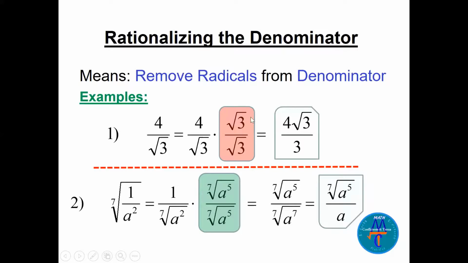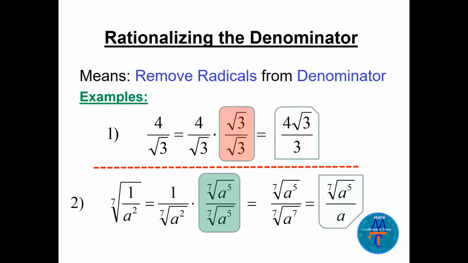4 over square root of 3. To remove the radical, I multiply up and down by square root of 3. So 4 times square root of 3 will be 4 square root of 3. Square root of 3 times square root of 3 is only 3. So that's the answer. See, that's the aim.